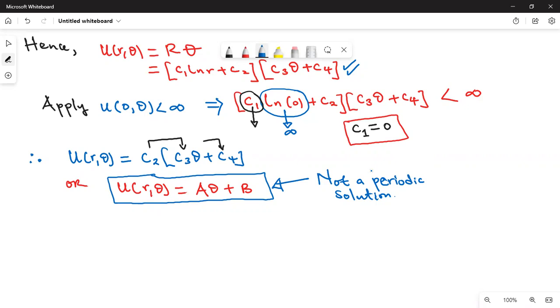If not, then it is not a solution that is of interest to us. So this solution is not of interest to us. Why? Because it is not periodic. I hope that is answered.